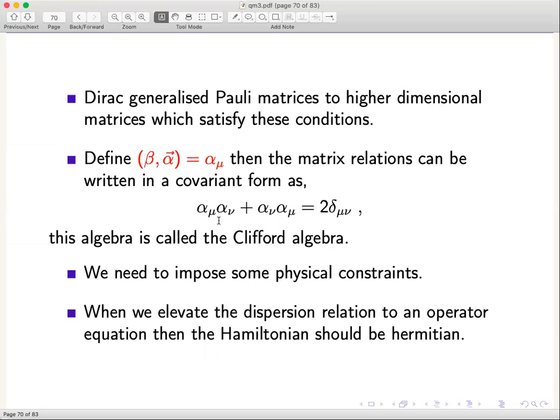You could say that mu and nu take values 0, 1, 2 only, or 0, 1, 2, 3, which is the 3 plus 1 dimensional space time, or you could say they can take values 0, 1, 2, dot, dot, dot, all the way up to d minus 1, which is a d dimensional space time, for any d. And for each such d, whatever algebra you would get would be called the Clifford algebra in that dimension, and the representation theory of that Clifford algebra would tell you what is the form of the solution to the Dirac equation.